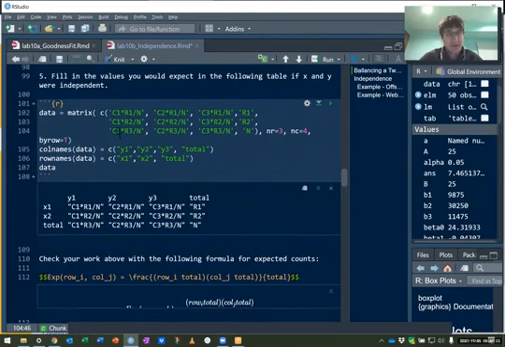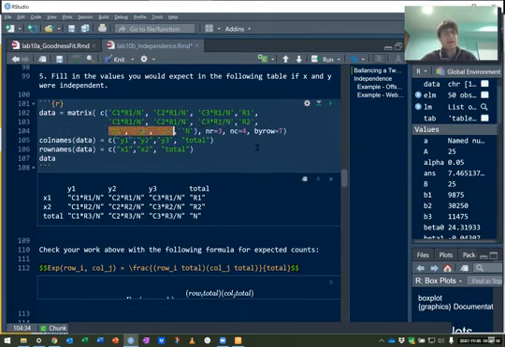Oh wait, this is not row 3. Undo that. There's not 3 rows. The third row is the total. Pardon me. Okay, this one's right. Copy that row. Undo all that. There we go. Okay, yeah. So row total times column total divided by N.